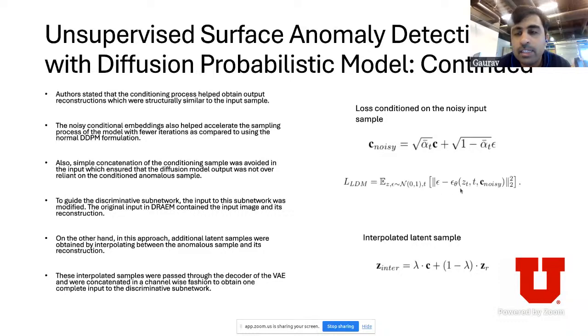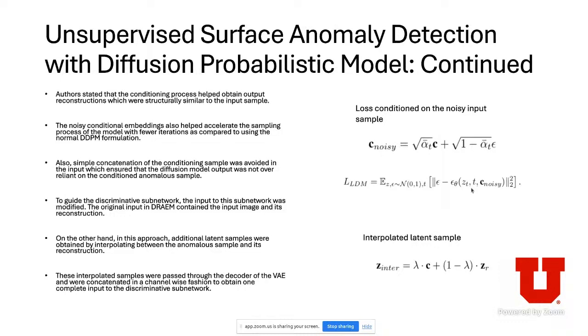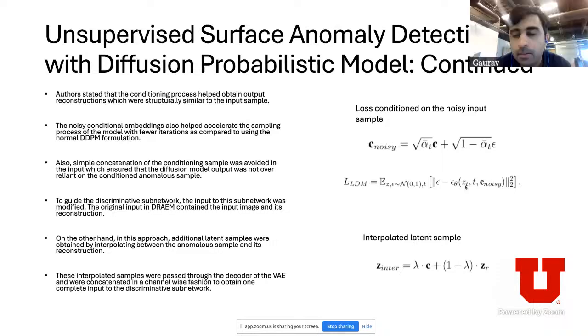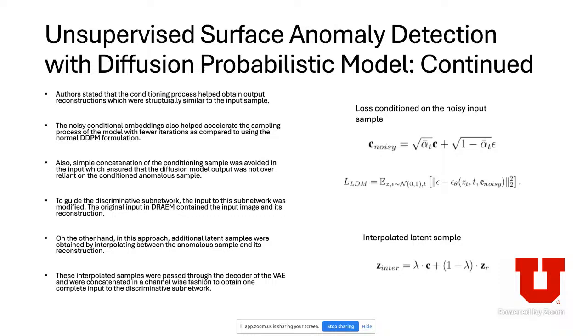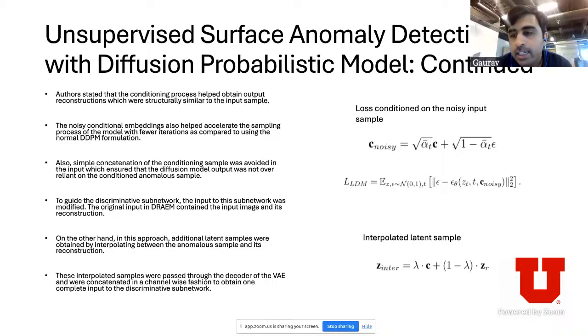I'm still confused. You have a set of normal images, and you also have some abnormal, anomaly images. Do you use both of them to train the diffusion model? In my estimation, it is possible that those abnormal images can be conditioned into the diffusion model.